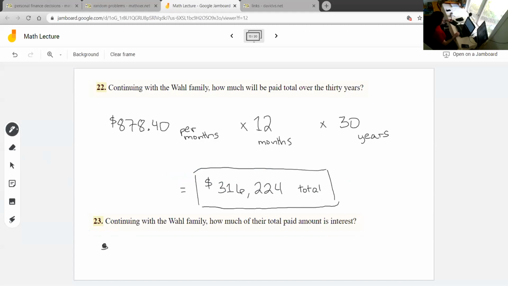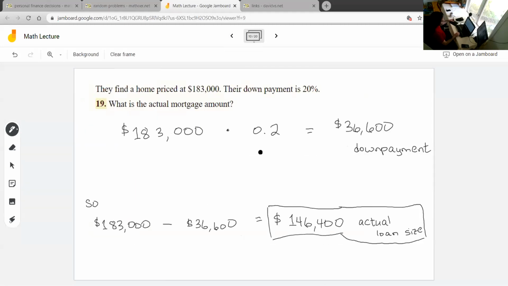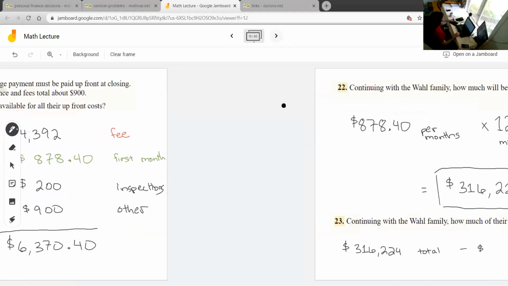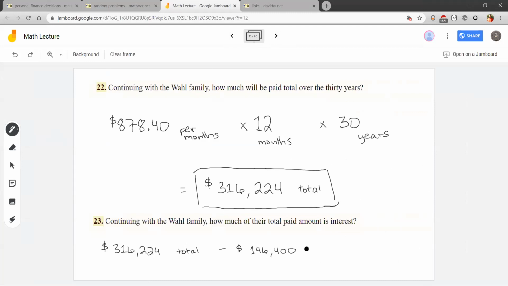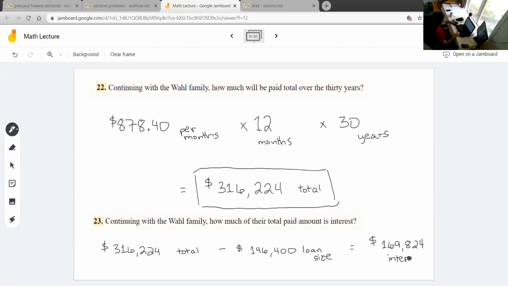So I can take this amount, subtract away the 146,400. 169,824. The interest is larger than the loan size, which again is normal for a 30-year loan.